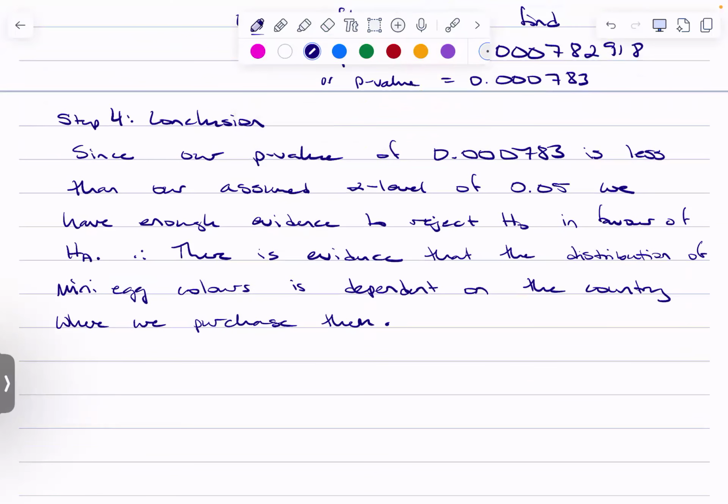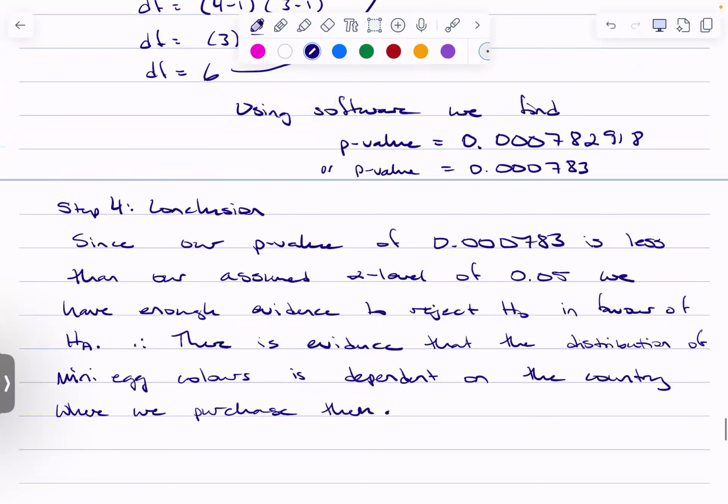You could do a deep dive into what the distribution is using a goodness of fit test. What, for each country? No, terrible. We're not going to take it that far.